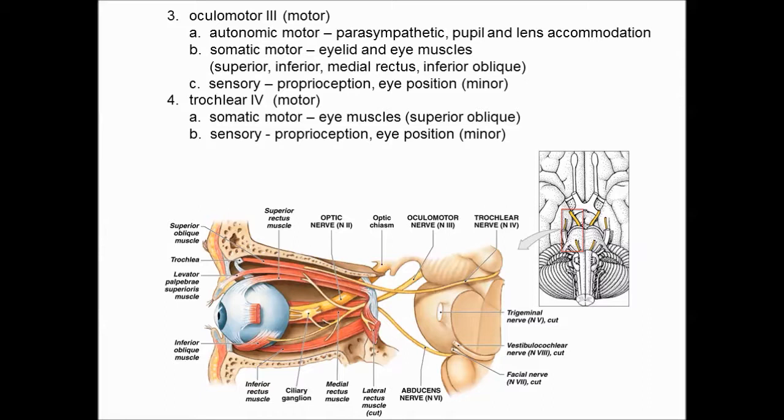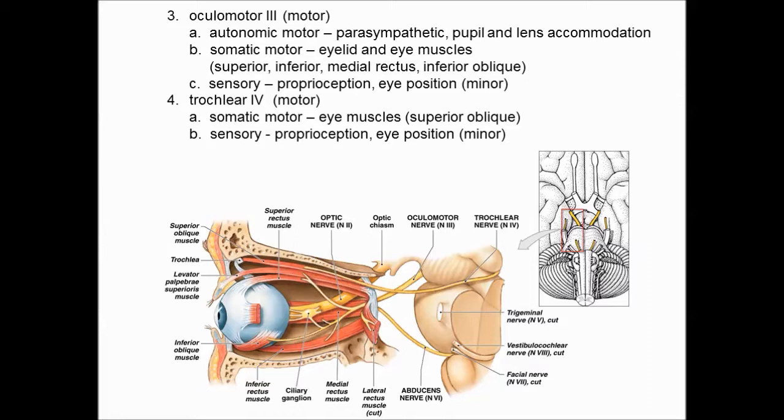As you can see here, they come right here before the pons area. And number 3 is ocular motor. There's a whole series of cranial nerves, and again, this shows how precise we try and regulate our visual sense. But there's three of the cranial nerves that regulate our eye muscles, and the first of the 3 provides motor output for the superior, inferior, medial rectus and the inferior oblique.